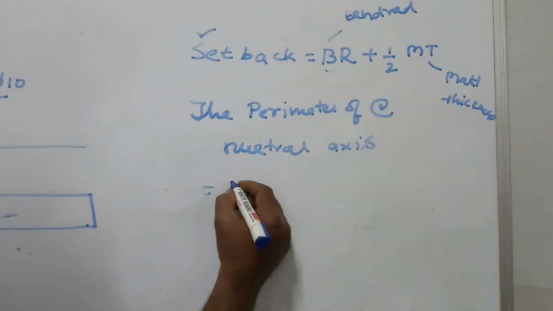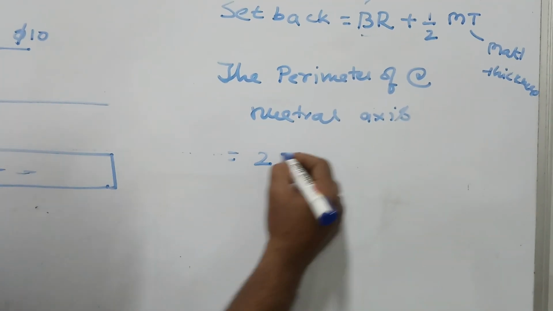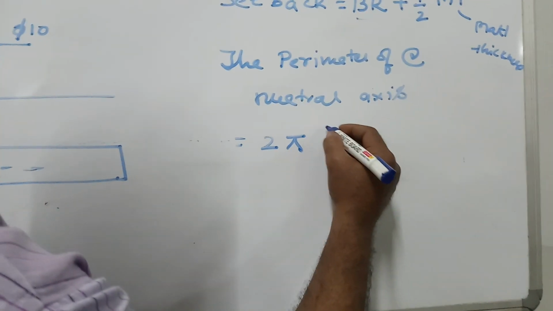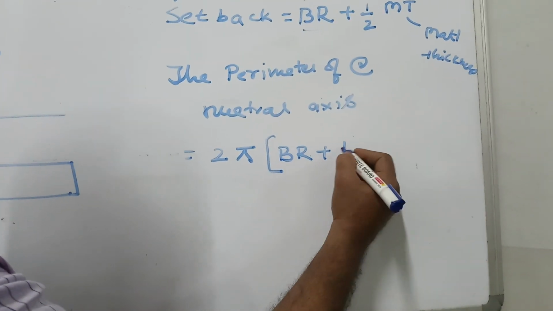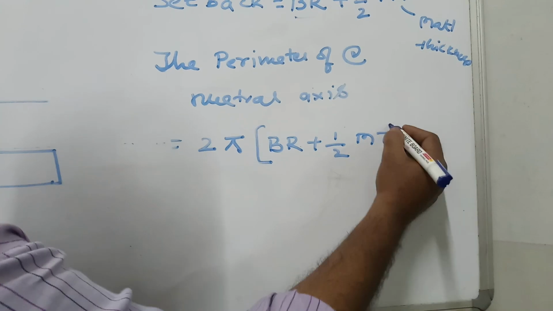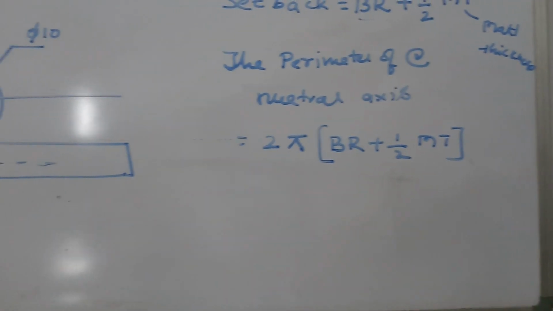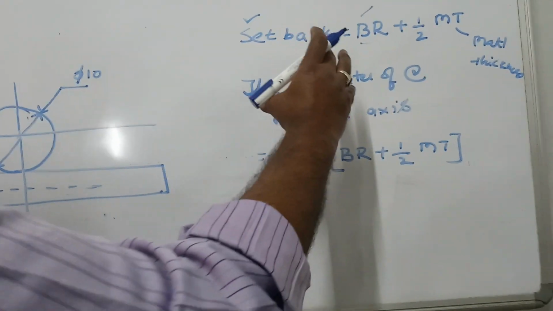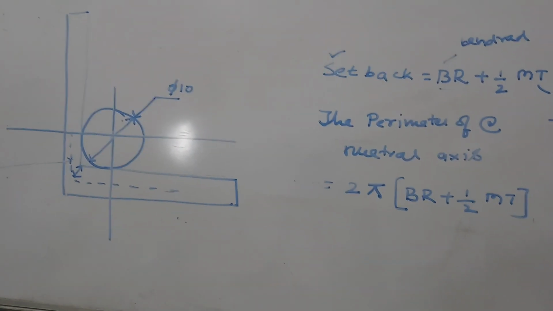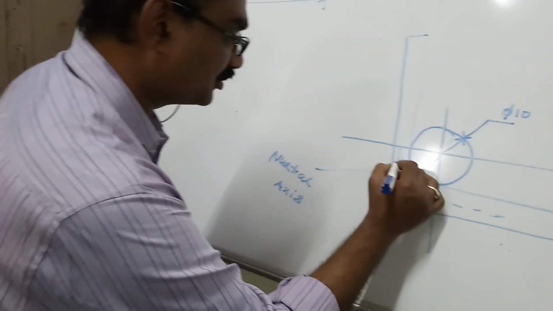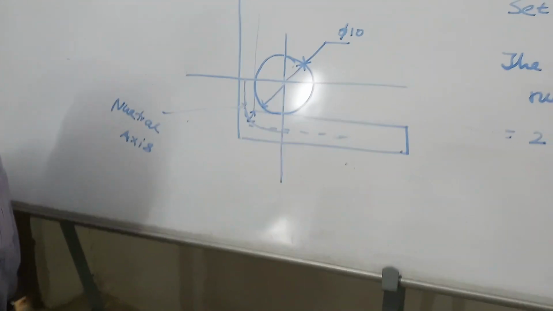That is, what is the perimeter? 2 pi r. What is total r? Br plus half of material thickness. So this is the perimeter for the entire circle, but we are interested to have only a quadrant portion. This portion we are interested in.